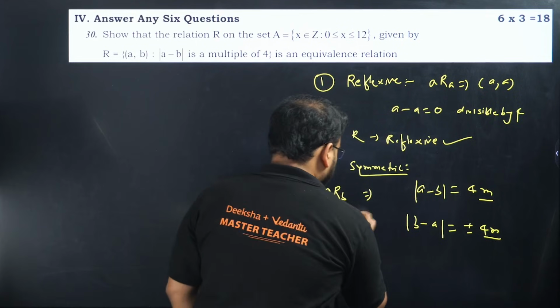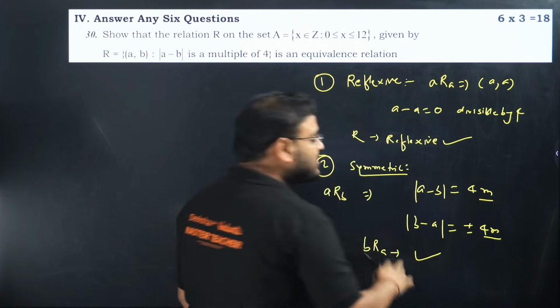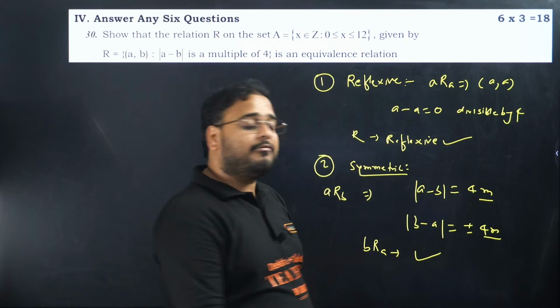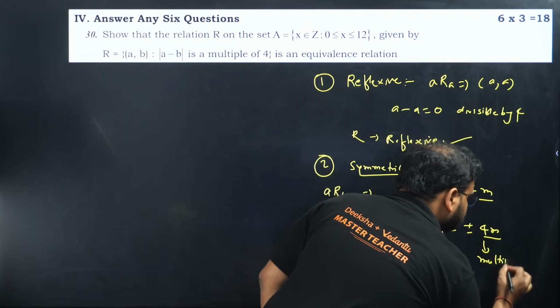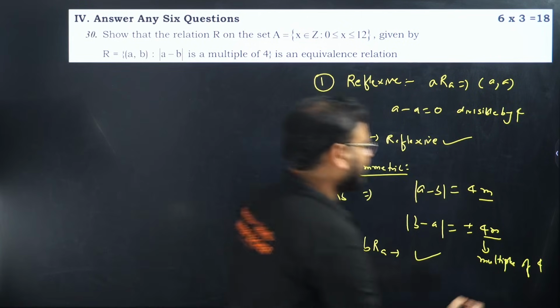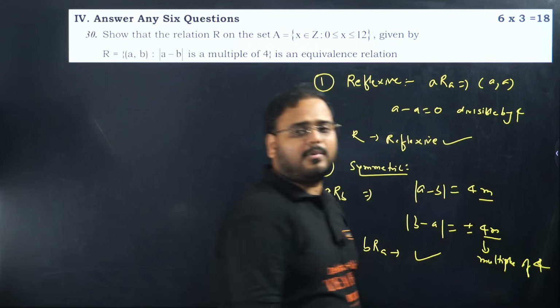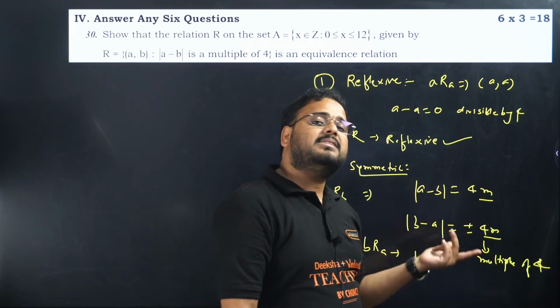So even if you take B R A, this will also turn out to be true, meaning B minus A will also be a multiple of 4. Makes sense, right? Think about it. If A minus B is 4, or let's say 8, what is B minus A? Minus 8.